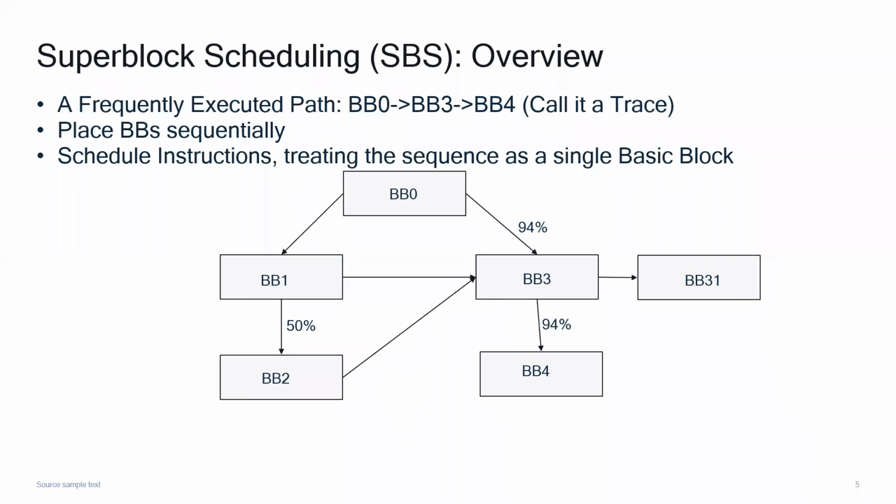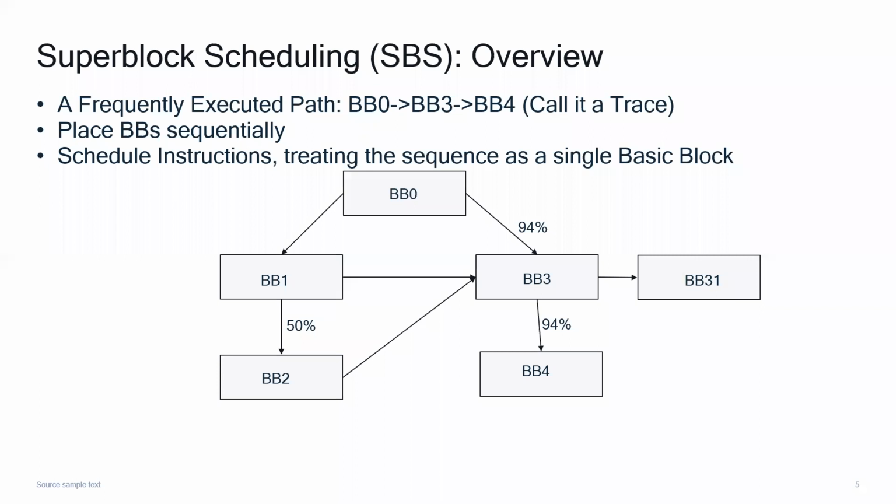That is, which one should be at the fall through of bb0? Should it be bb1 or bb3? Assume that we have a taken branch penalty of 5 cycles.